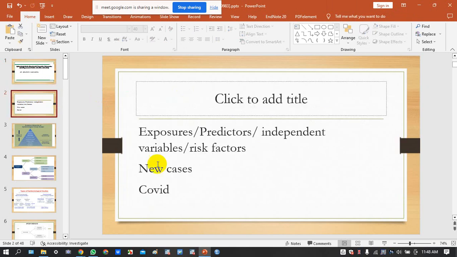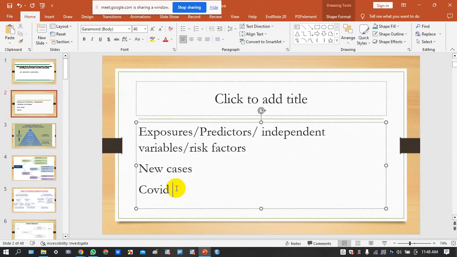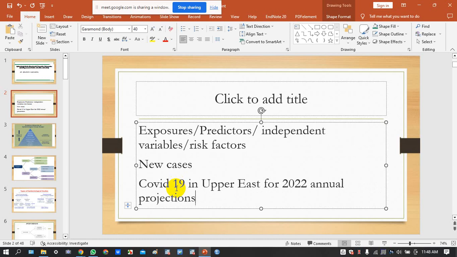For incidence, you have to also bring in the time, for instance 2022, annual projections. So we say 2022 COVID-19 cases, and anytime you hear incidence, it is the new cases.